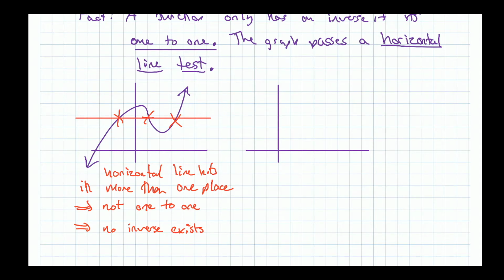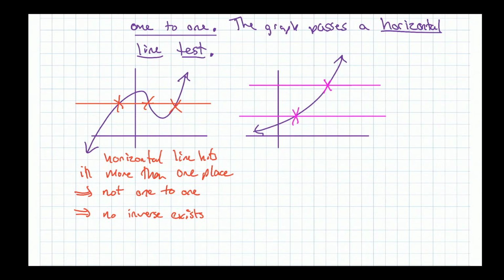Okay, whereas if you have a function like this, any horizontal line that you cross through here is only going to hit in one spot, right? Any of them we're only going to hit in one spot.